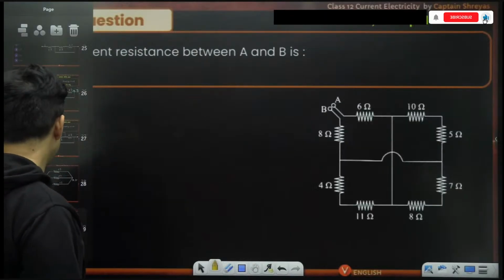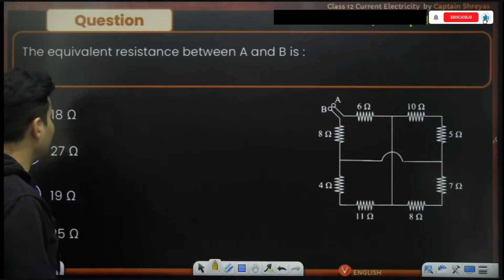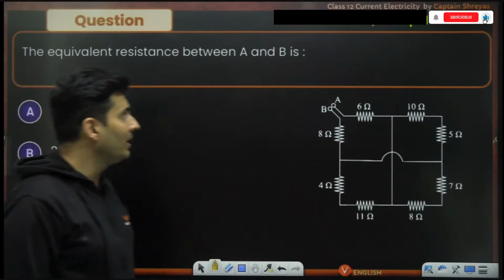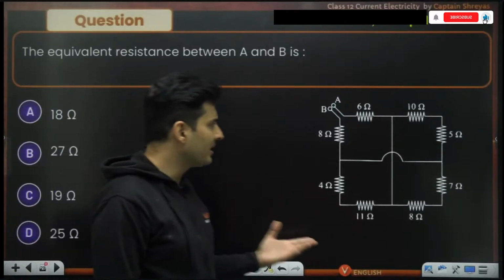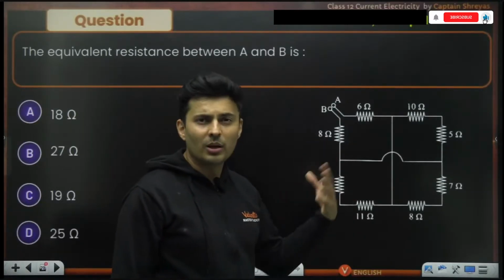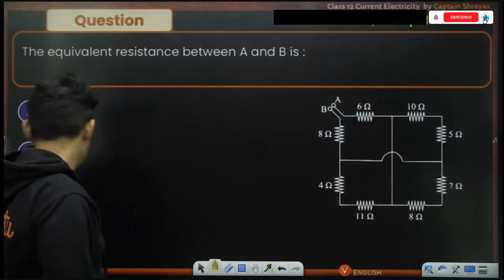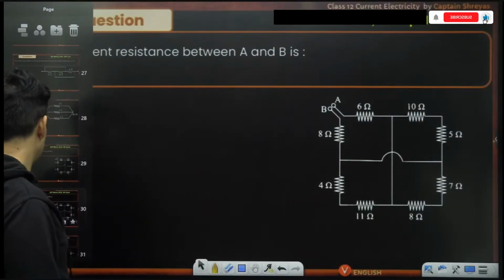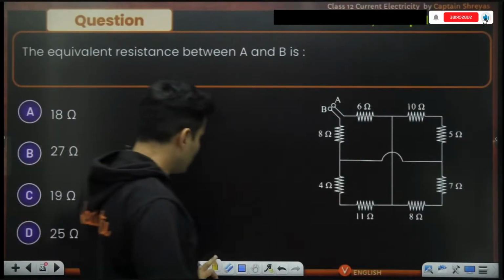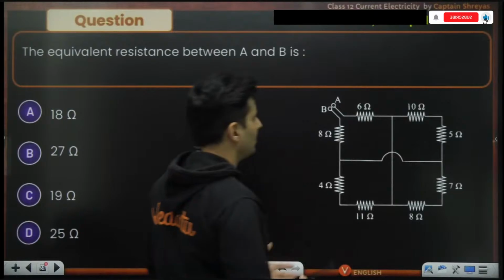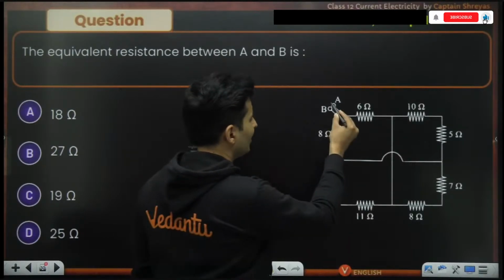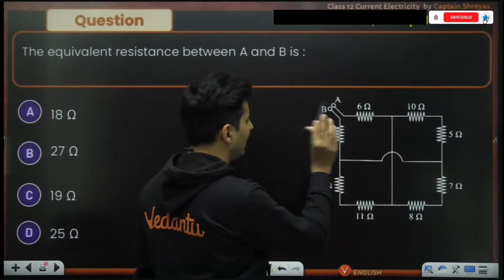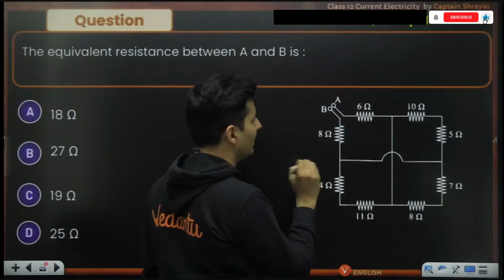Okay, let's see. How about this particular question over here? This also, I feel, which was a previous year question, is also a disguised form. I think we just need to figure out how they are working out exactly. All right, so let's start marking the voltages. There is only one wire here directly between A and B. Let's just forget that.